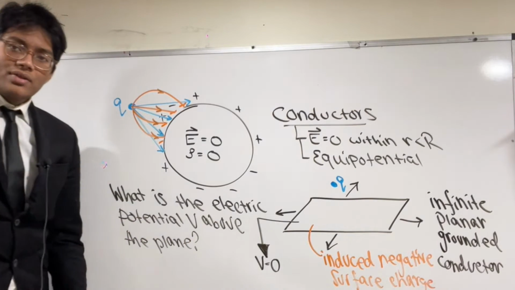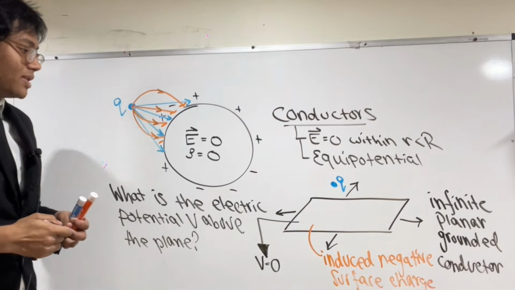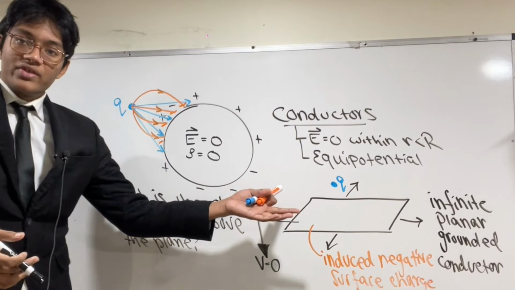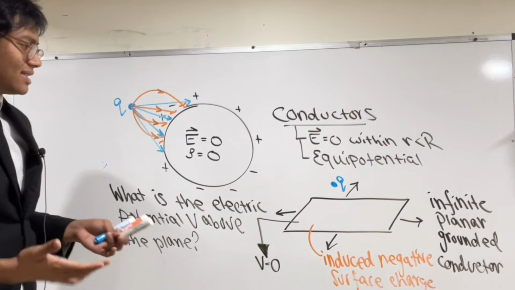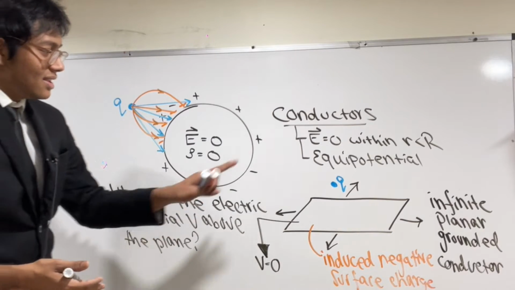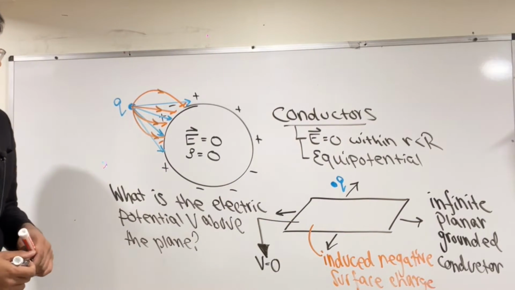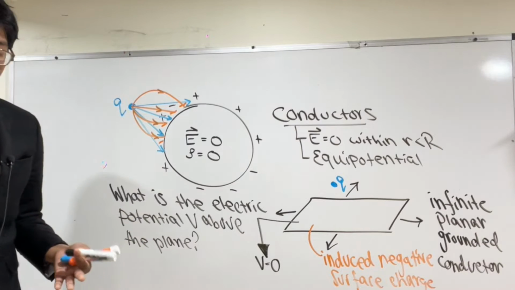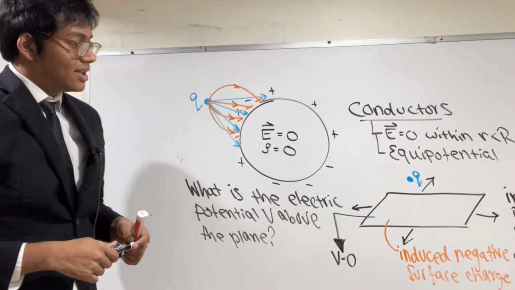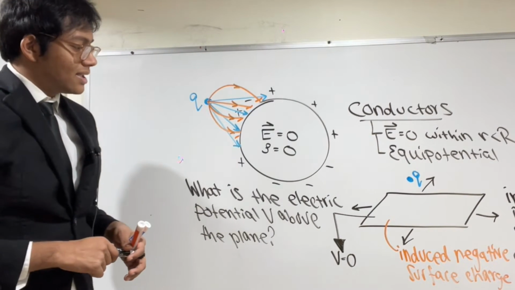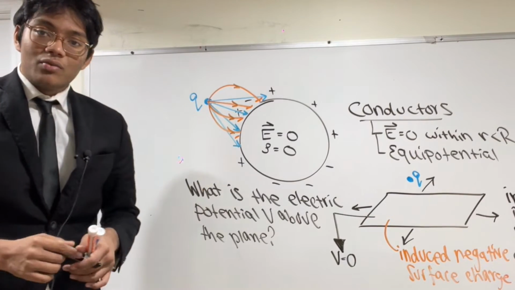Well, how can we answer that question? We don't know how much charge is induced on the surface of this conductor. It doesn't seem like this is an infinite plane, so maybe we could construct some kind of a Gaussian surface and deduce the electric potential from there, but we don't know if that's going to work.